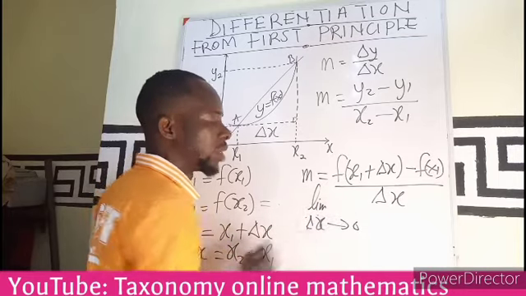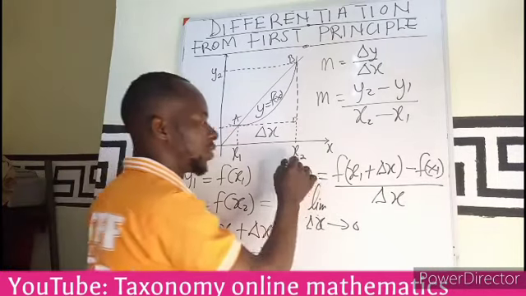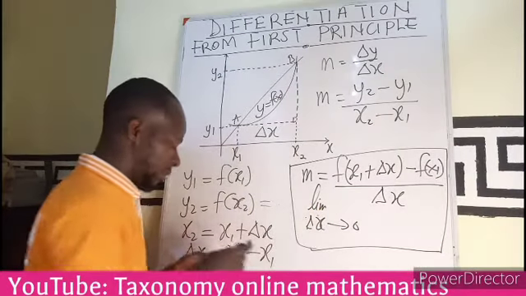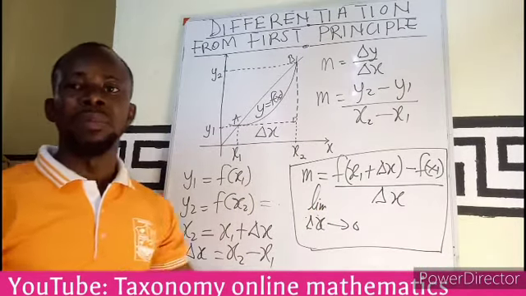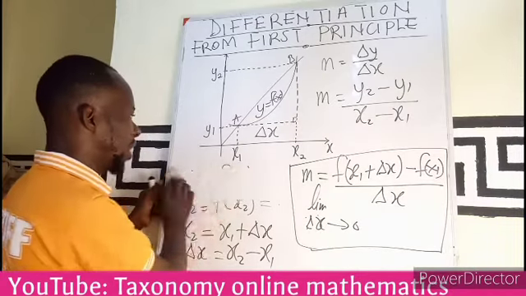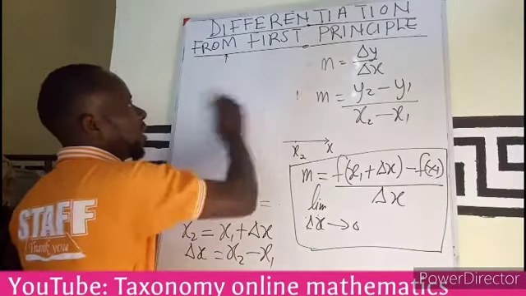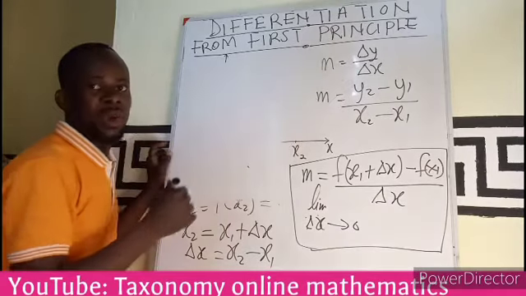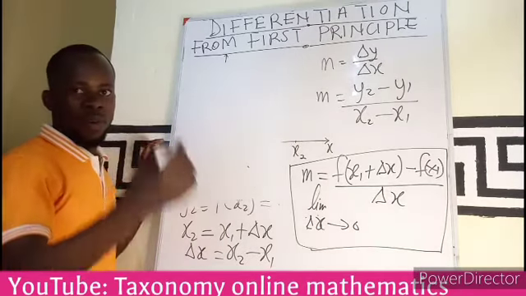Is approaching what? 0. So this is what we normally call differentiation by what? The first principle. So if I want to rewrite it, we know the gradient is the change on the y-axis over the x-axis.